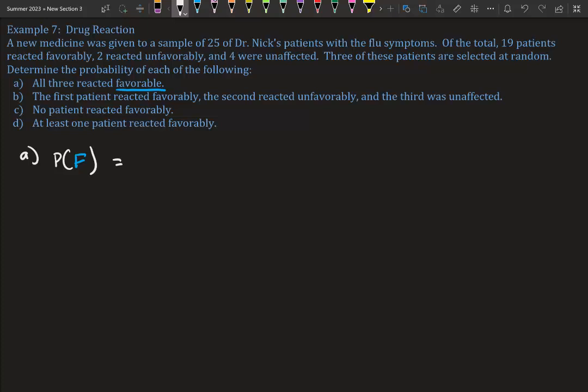All right, so we're picking 3 people. So we set up our first, our second, and our third. Now let's bring out the favorable people. 19 reacted favorably.